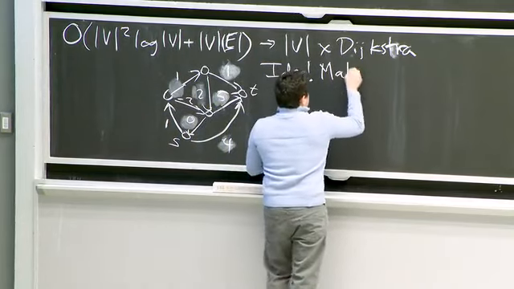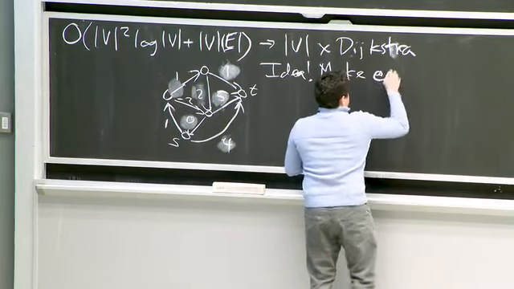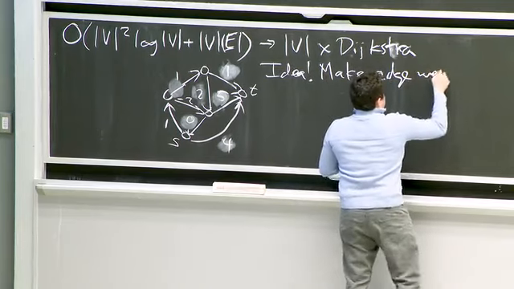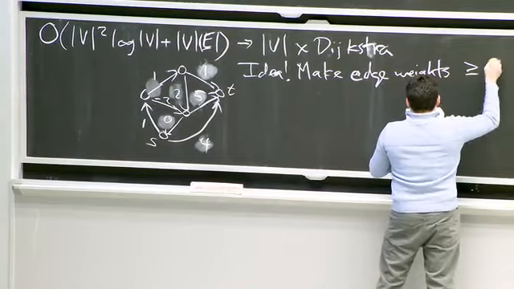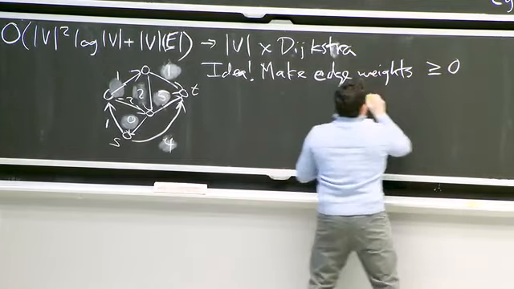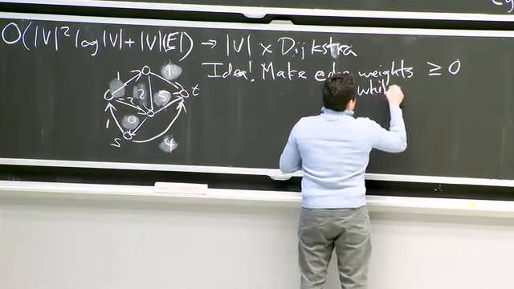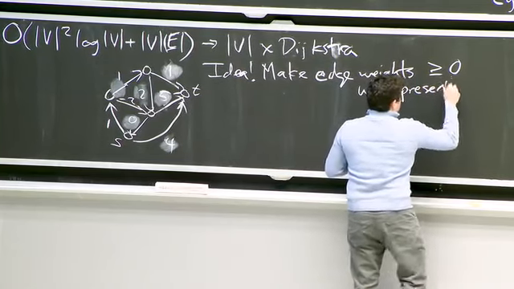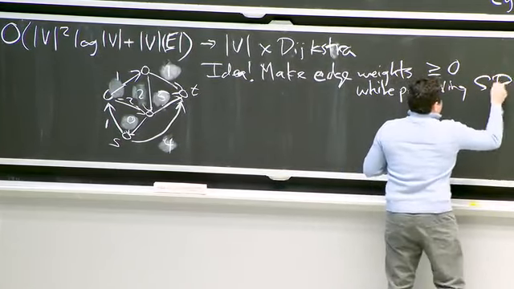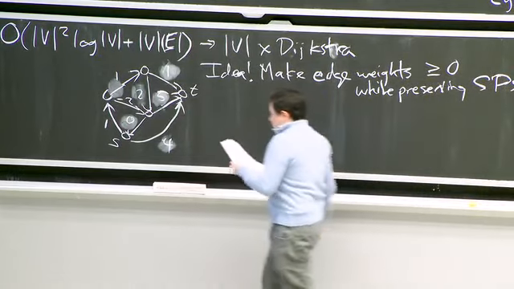Make edge weights non-negative while preserving shortest paths. Okay?